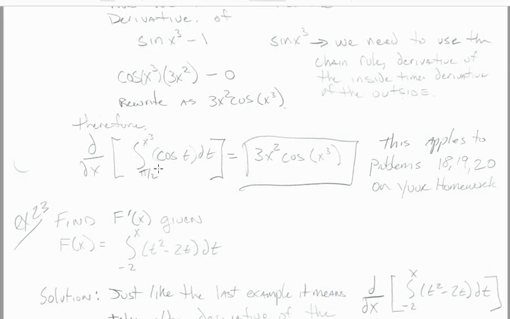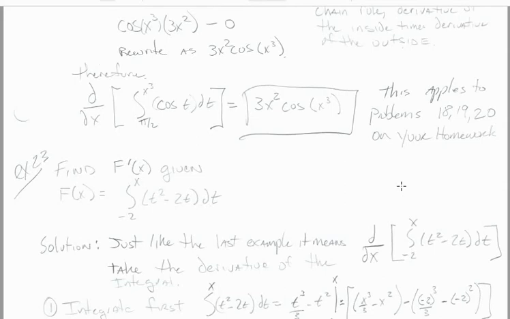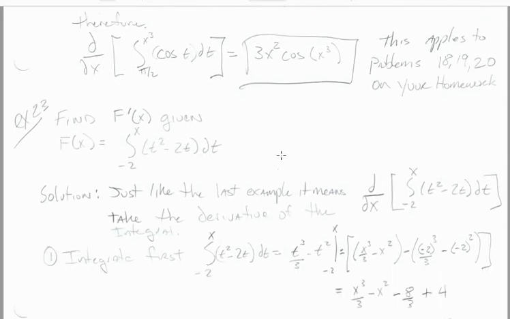Where the shortcut might be, where we can drop in cosine of x cubed, and then in the front we have to make sure that we're multiplying by 3x squared, which is the derivative of x cubed. So think about that as you work through the problems. This problem is beneficial for your homework problems 18, 19, and 20. As you're working through those, make sure that you have this part of the notes handy for yourself.